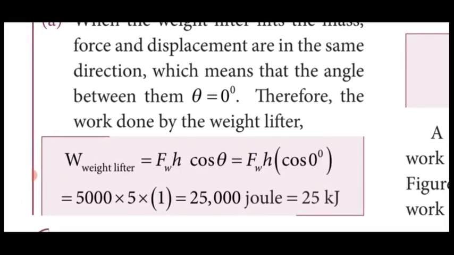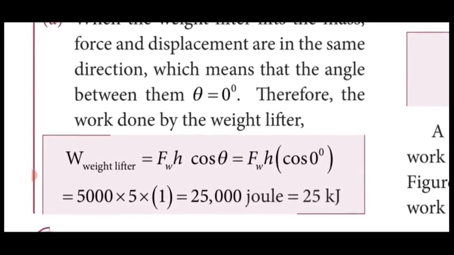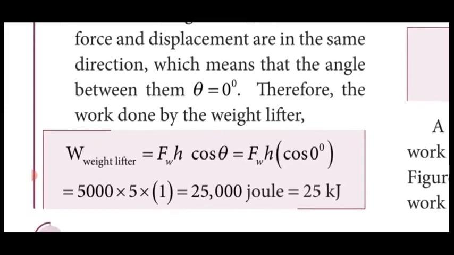Here we always mention dr as the displacement, and the height is also a distance, so instead of dr we are substituting h. So this is F·h·cos theta. In the place of theta we are substituting 0 degree, so that is equal to 5000 into 5 into 1.